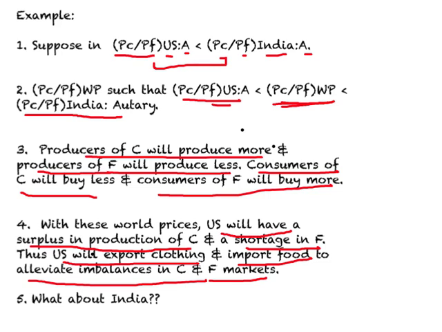So this is what we would expect, and whatever we have considered for the US, in a similar way you can argue for what will happen in the case of India.